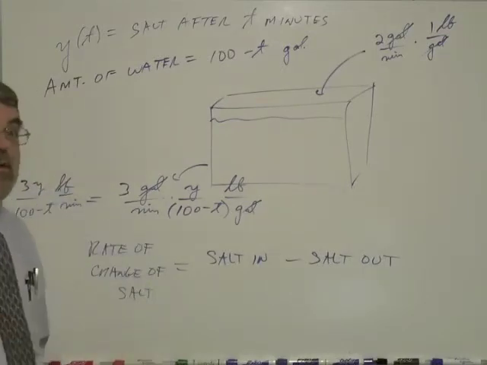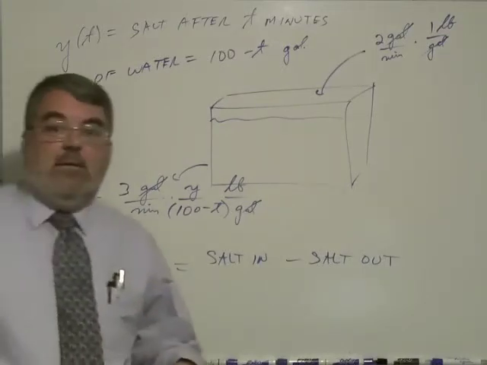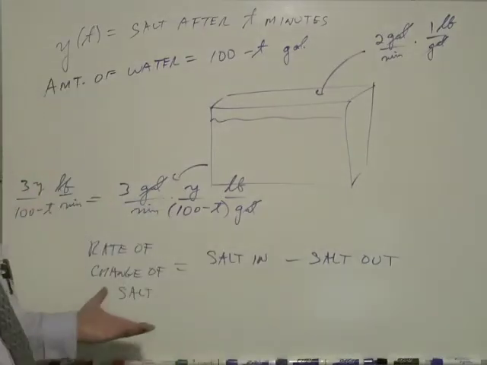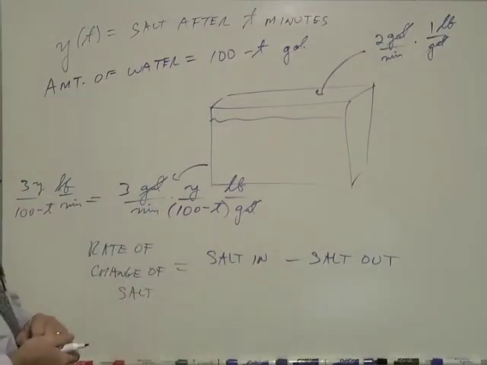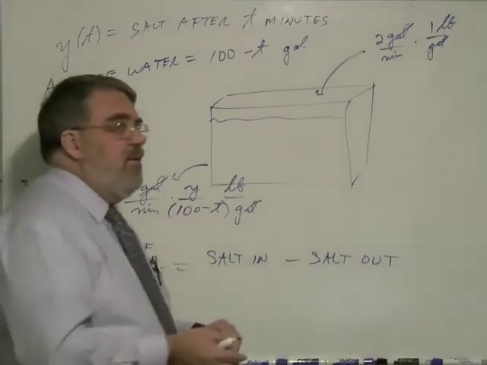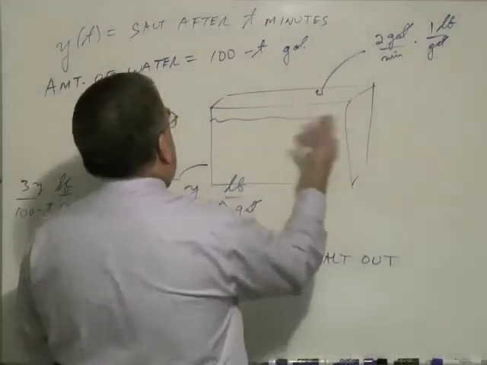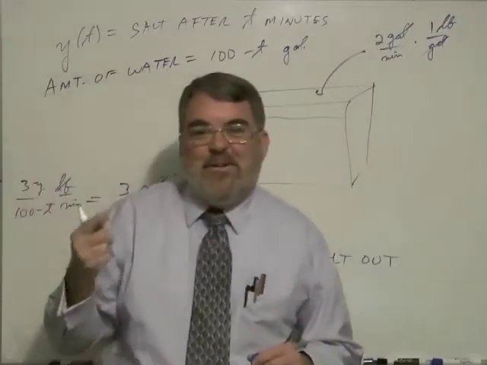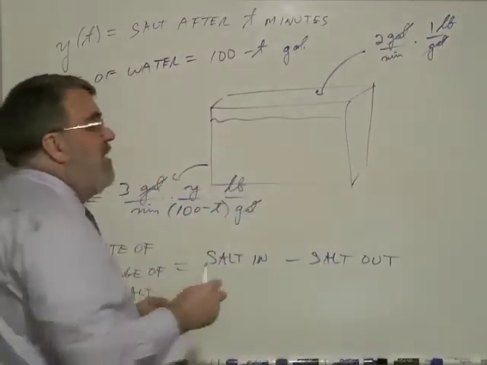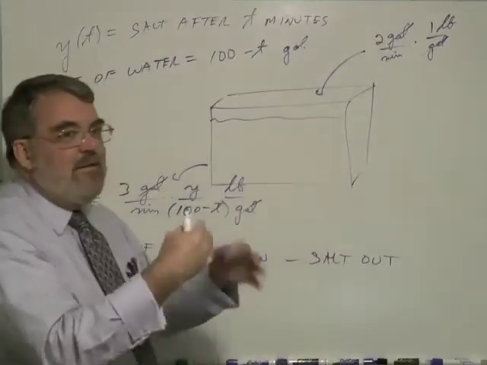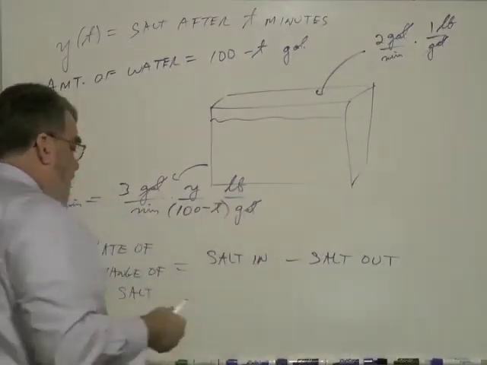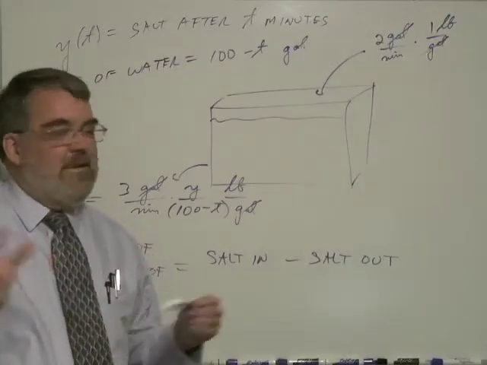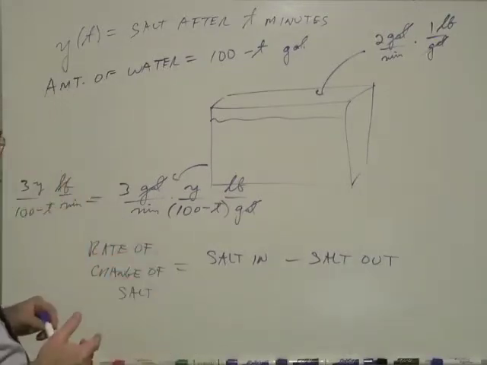The salt is changing according to this little formula. Salt comes in, salt goes out. That's the rate of change. And again, the assumption is that as soon as it enters the tank it gets stirred very well, so immediately the concentration of the tank is constantly changing through time. That's not terribly realistic, but it's close enough, I think, to make it a great problem.